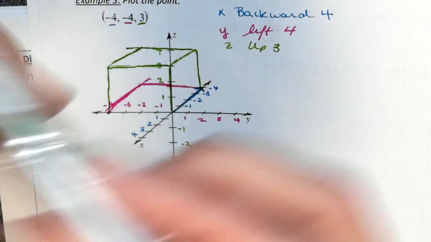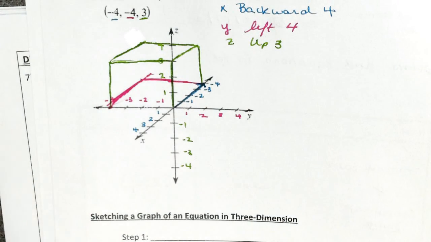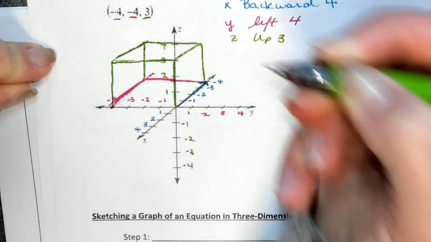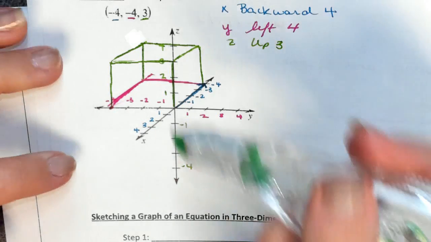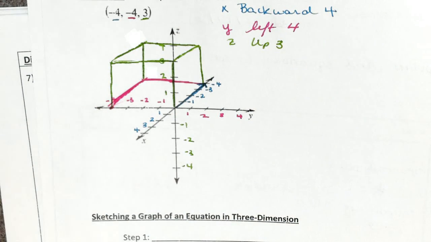Went a little too far on that one. There we go. That's the top of our box now. And I still have a vertical to connect over here, which is that back corner of the box. I can erase this extra line in there too.